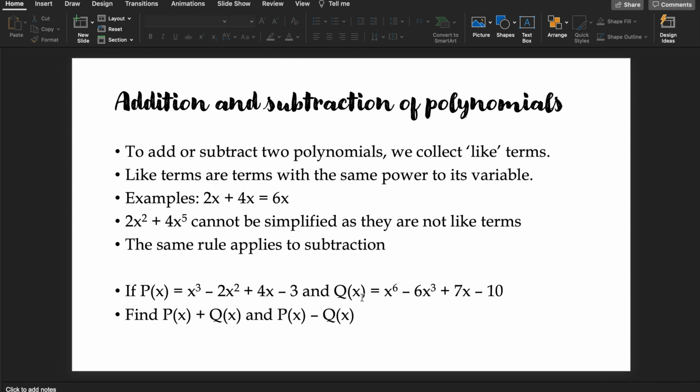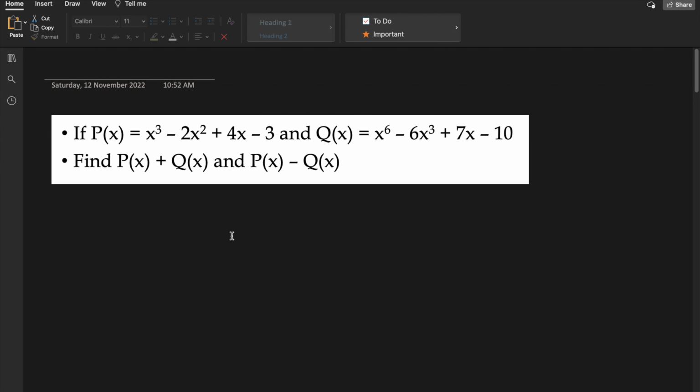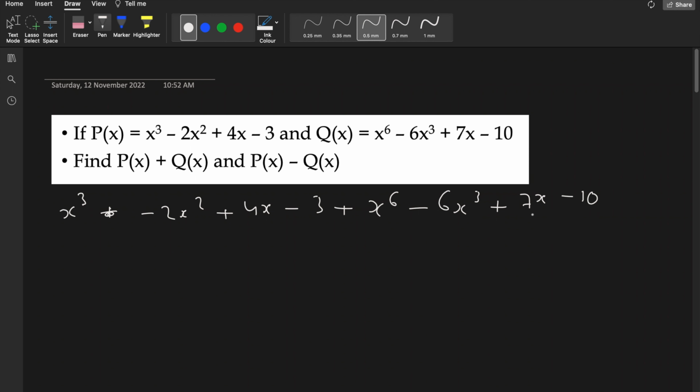And then let's try out an example. We have to find p of x plus q of x. So we know that p of x is this and q of x is this. So let's add them. So 3x cubed minus 2x squared plus 4x minus 3, plus 6x to the power of 6 minus 6x cubed plus 7x minus 10.